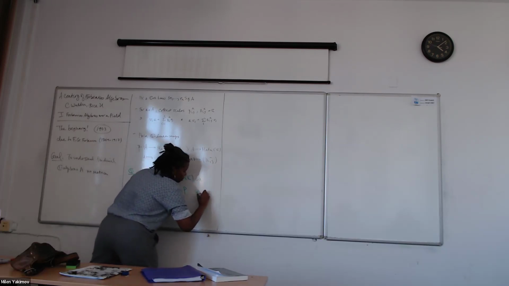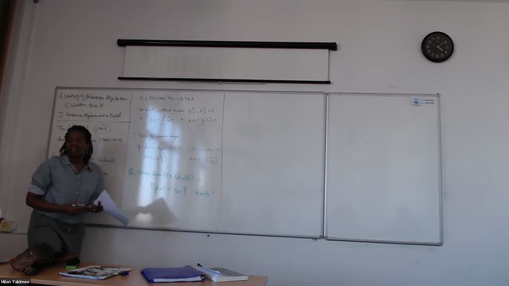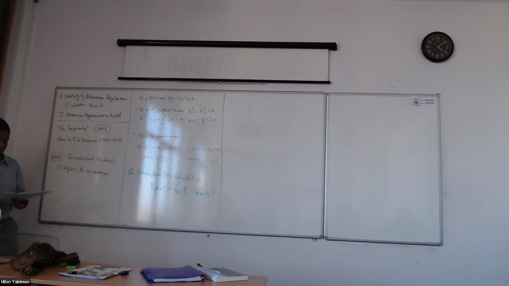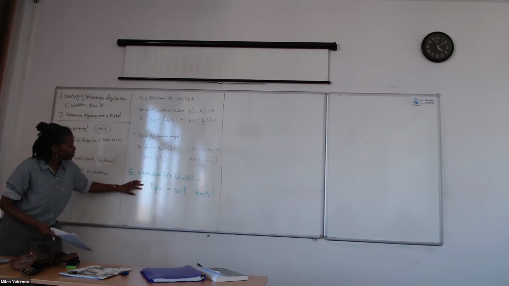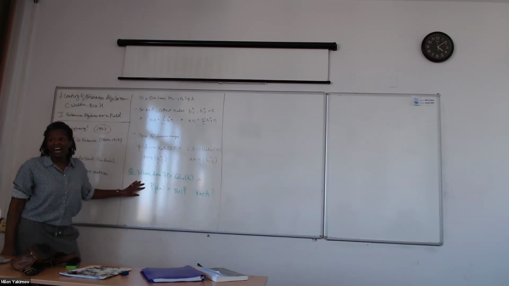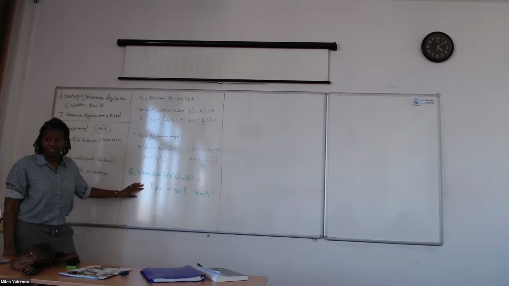And this is going to hold for all a in A. Now, the reason why we're actually interested in this question is because when this holds, it gives a lot of symmetry, a lot of structure, to our finite dimensional algebra.